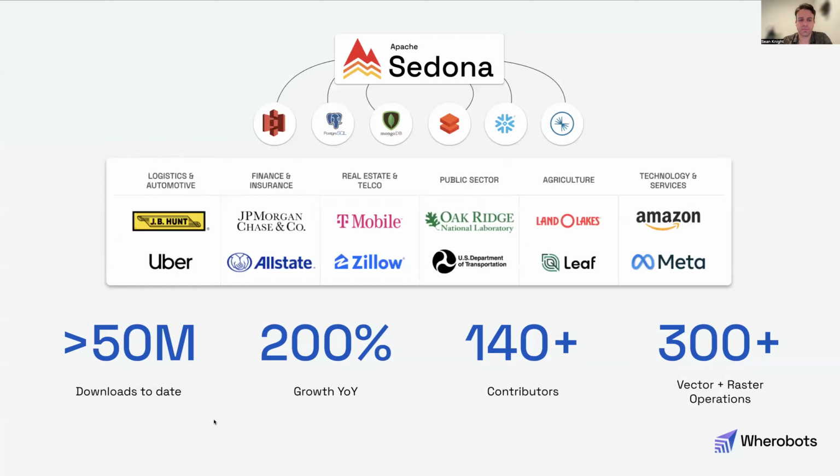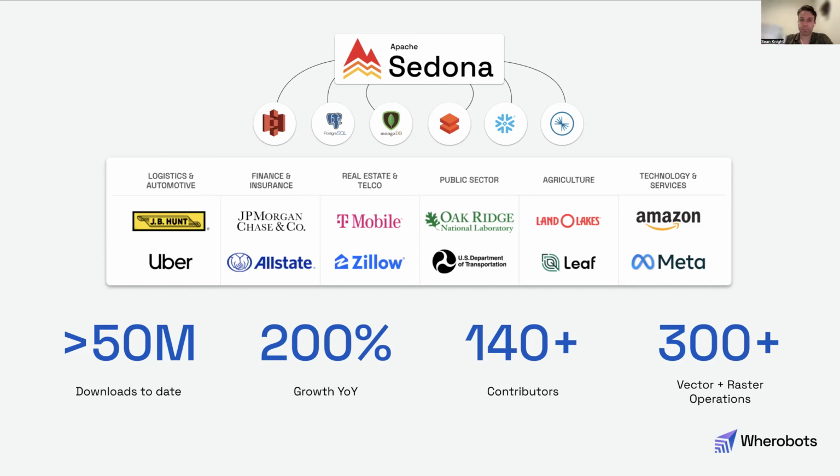Thanks for sharing it. All right, so just real quick on Sedona. Sedona is really one of the core foundations of our company. Like I mentioned earlier, it's used by over 20,000 organizations across many different use cases and situations. A lot of these organizations are using Sedona for these mobility use cases I mentioned.